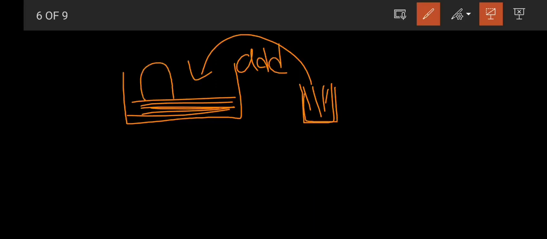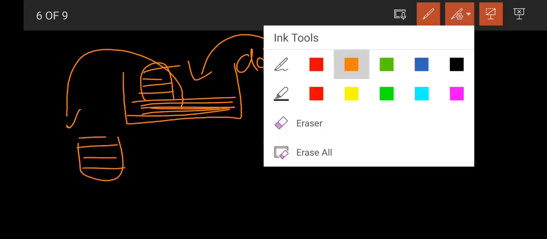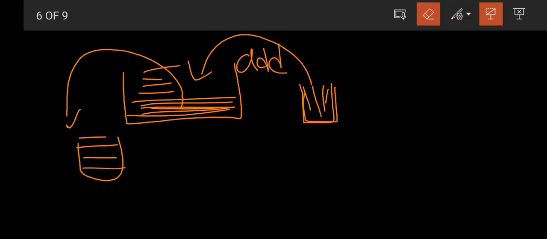Then we will remove one glass of rice from this container.